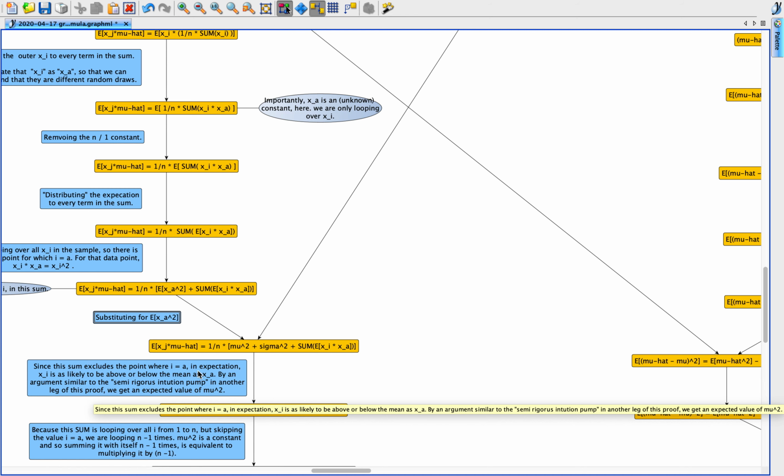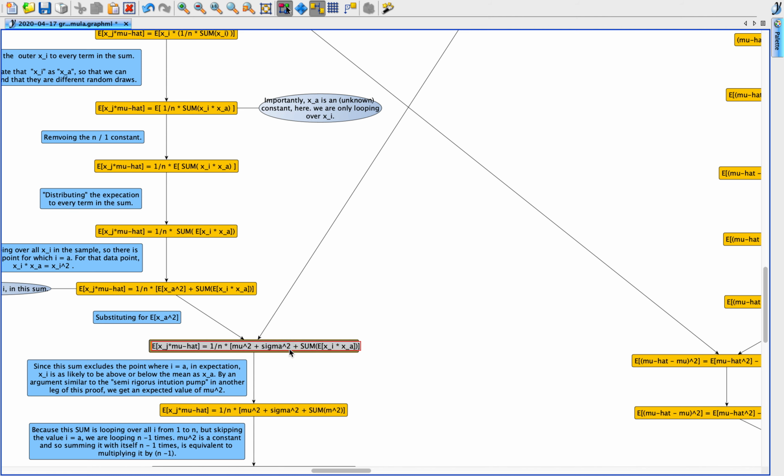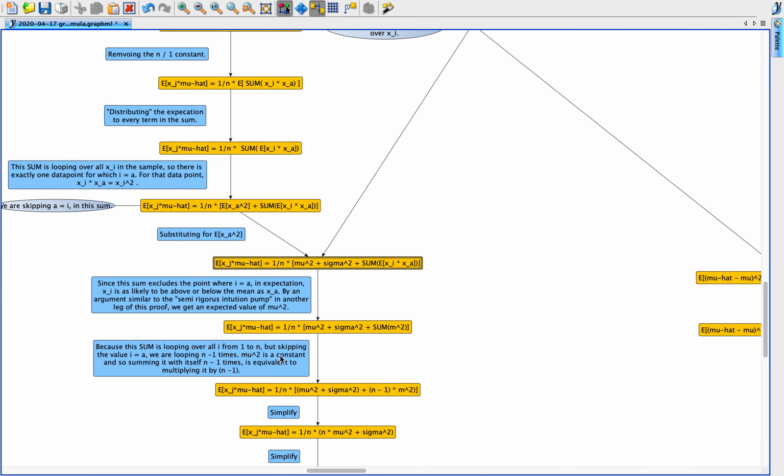And we get the expected value of xj times mu hat is equal to 1 over n times mu squared plus sigma squared, plus the sum of the expectation of xi times xa. So we resolved that one term that we pulled out.